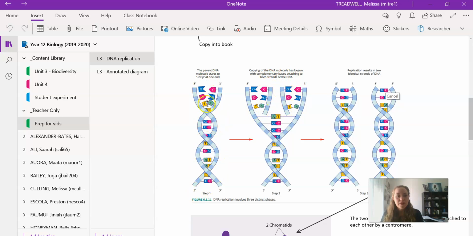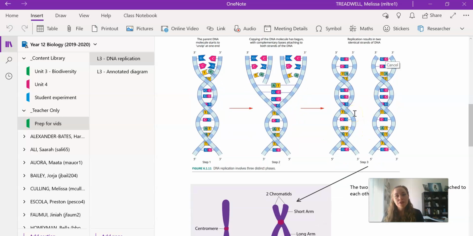If we call this the parental DNA, as it splits, the parental strands are what we call template strands, and the strands getting built are called the complementary strands. Then we have these two exact copies of DNA created.